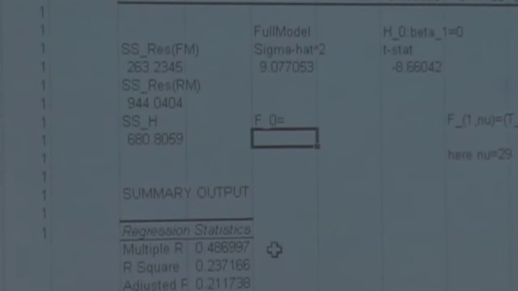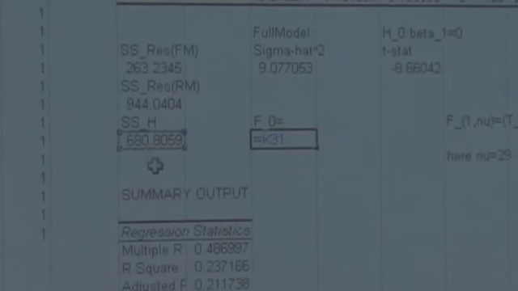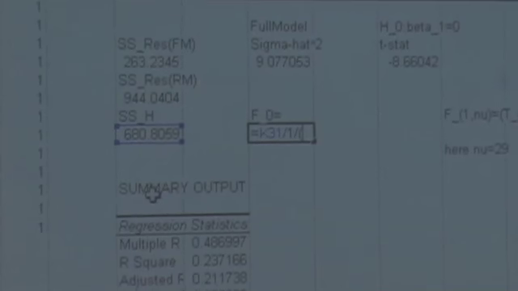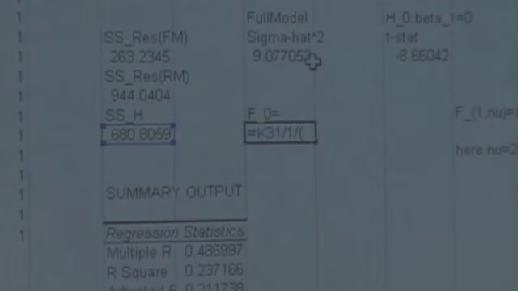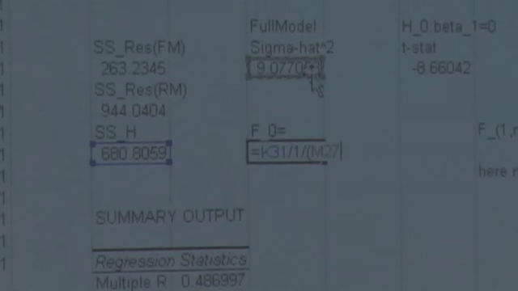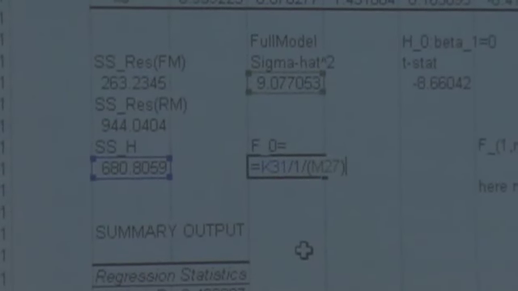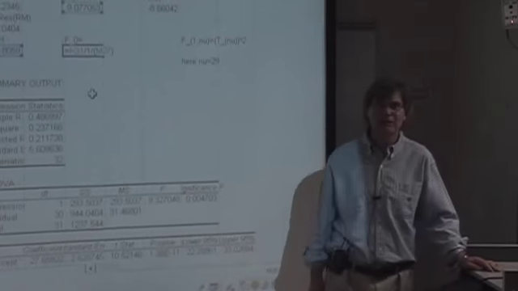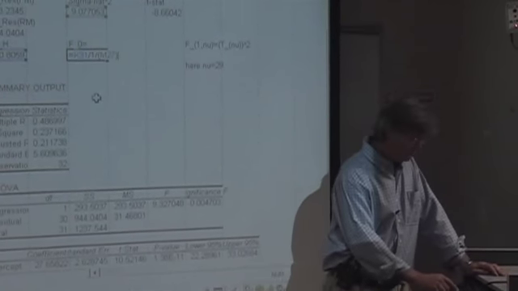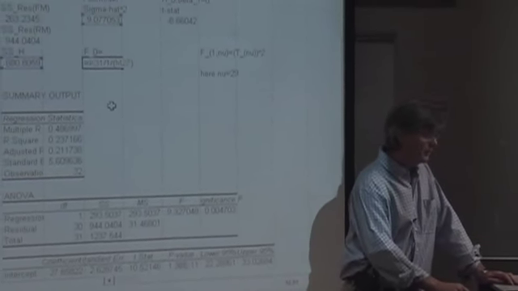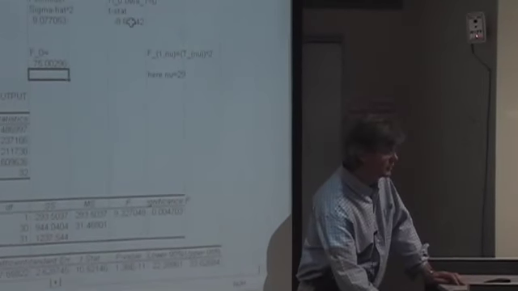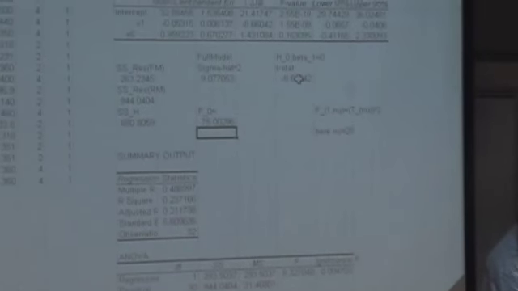It was SSH equals this number divided by 1, and then all divided by sigma hat squared, which is this. I don't need that many parentheses, but I did anyway. SSH divided by 1 divided by sigma hat squared. It's pretty clear with all the little things on the screen now, right? So, enter that, and hope that that's equal to t squared. 75, that looks right. If I square this number, it should be 75, right?